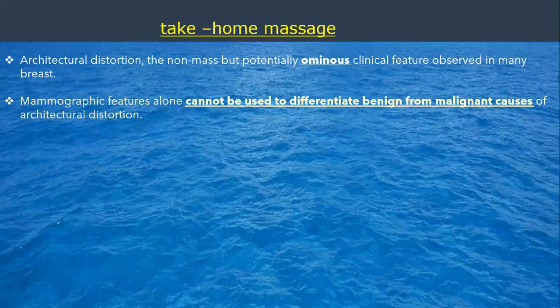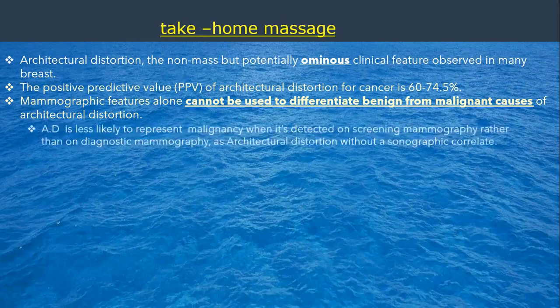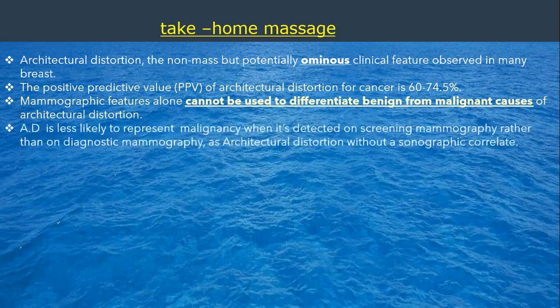The positive predictive value of architectural distortion for cancer ranges between 60 and 74.5%. Architectural distortion is less likely to represent malignancy when detected on screening mammography rather than diagnostic mammography, as well as when there is no sonographic correlate.